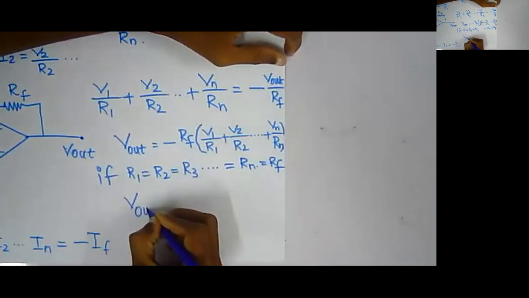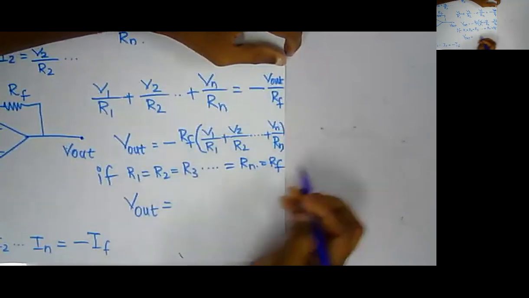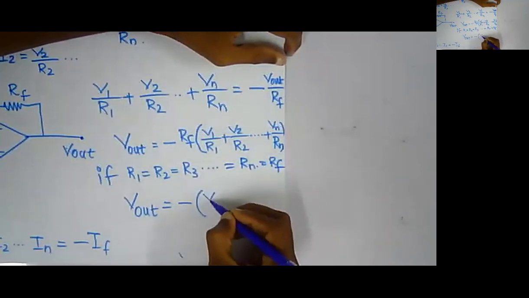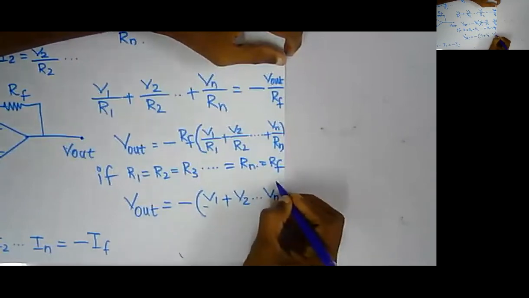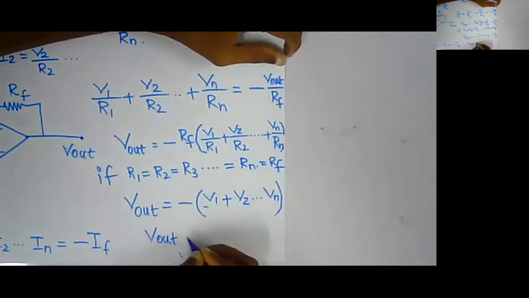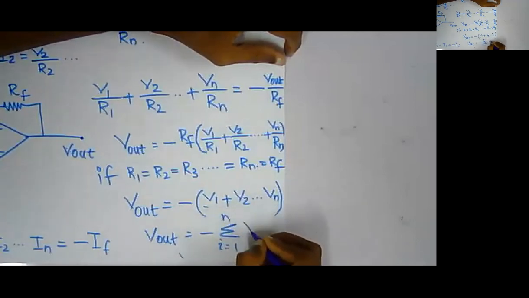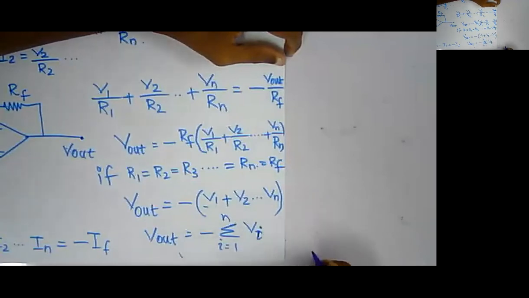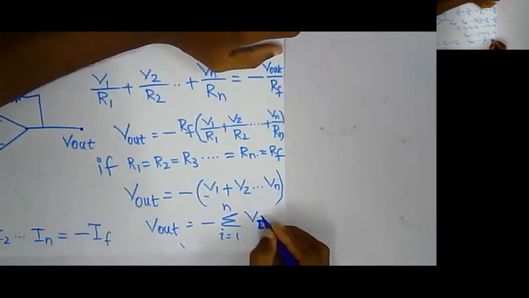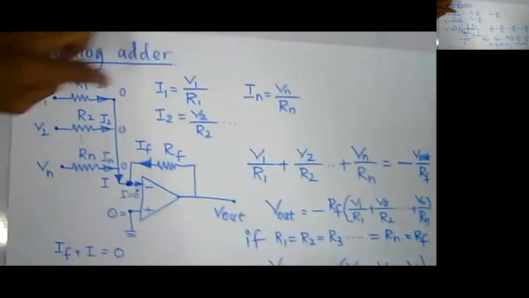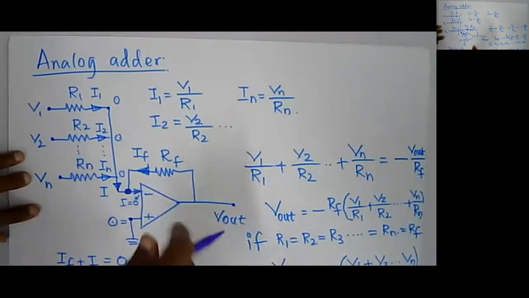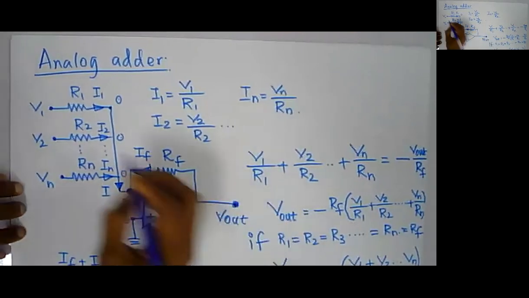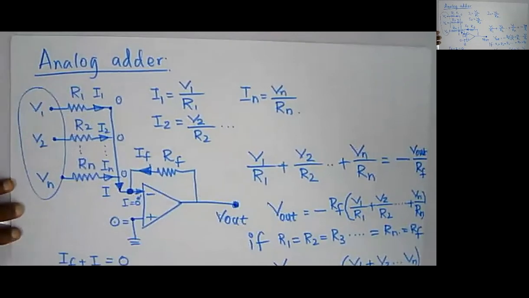So everything will get cancelled, and I can simply write my V out as minus of V1 plus V2 up to Vn, or else V out equals minus sigma i equals 1 to n of Vi. So if all these resistances are equal, this circuit will produce a V out equal to the summation of all these voltages.